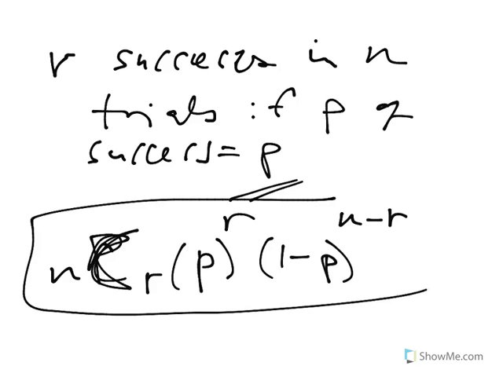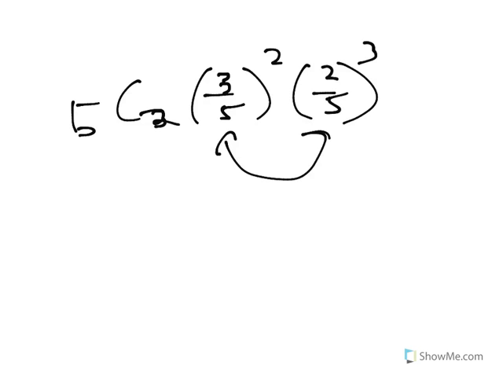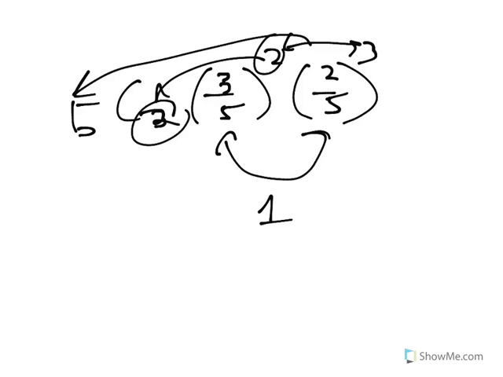So this is the official formula for the probability for a Bernoulli trial. For the example we just did, it was 5C2 times 3/5 to the 2nd times 2/5 to the 3rd. These two numbers always add up to 1. These two numbers always add up to whatever this number is, and these two numbers match.